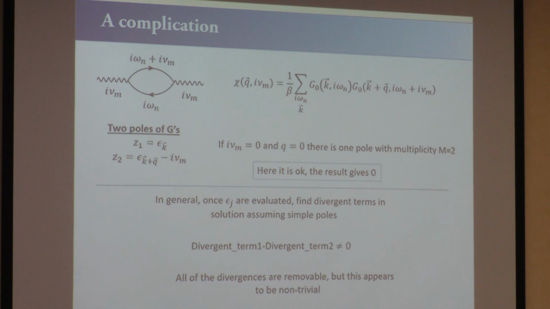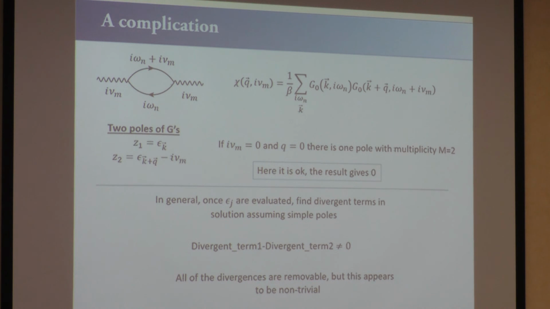When you do this on a practical system, you'll actually find pairs of divergent terms that unfortunately are not 0, but highly not 0, like actually important contributions. So all of the divergences are removable, but it's non-trivial if you look at 300,000 divergent terms to figure out how to pair them back up to make non-divergent objects.